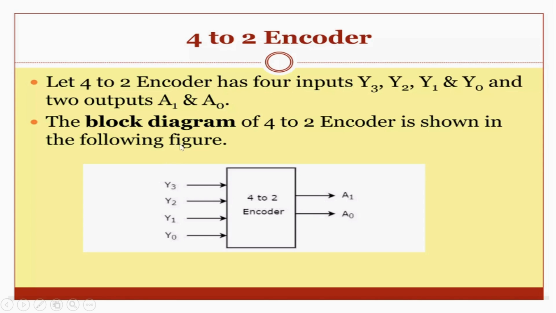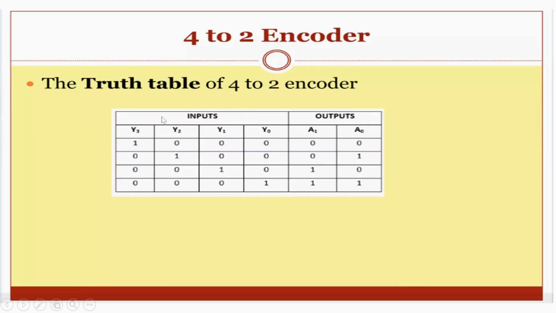Now we see the truth table of this, to see how it works. There are 4 inputs and 2 outputs. Treat the inputs as 4 switches: y0 switch, y1 switch, y2 and y3, numbered 0, 1, 2 and 3.